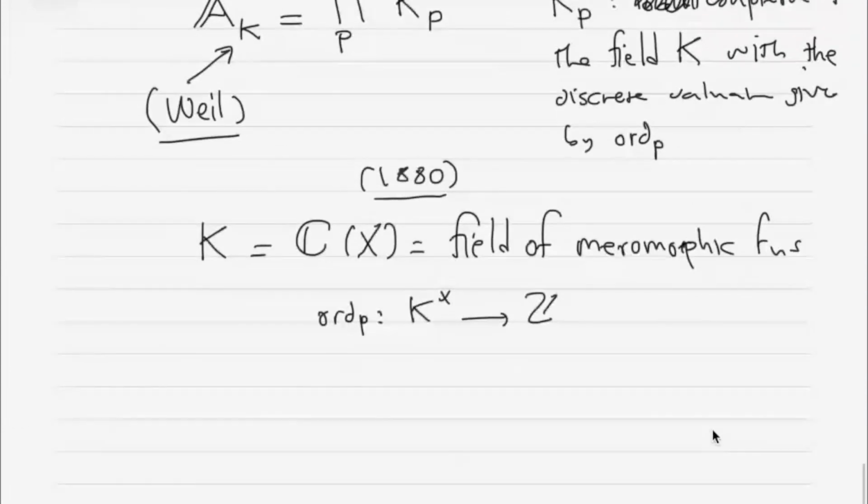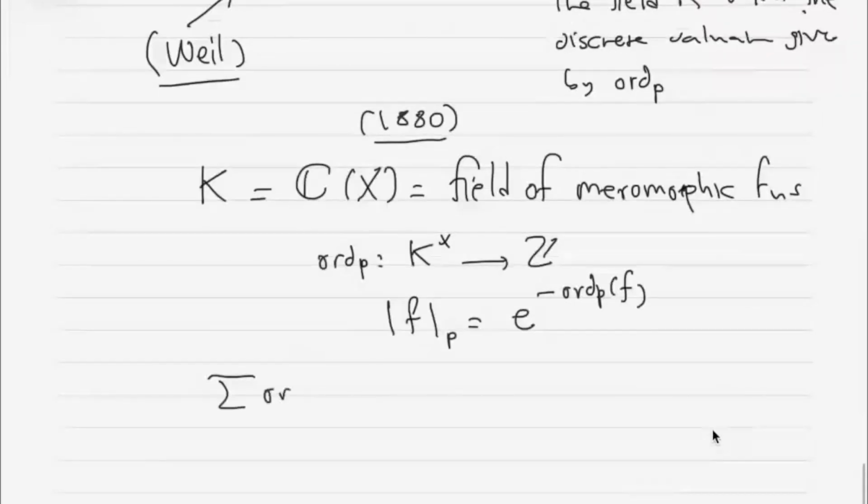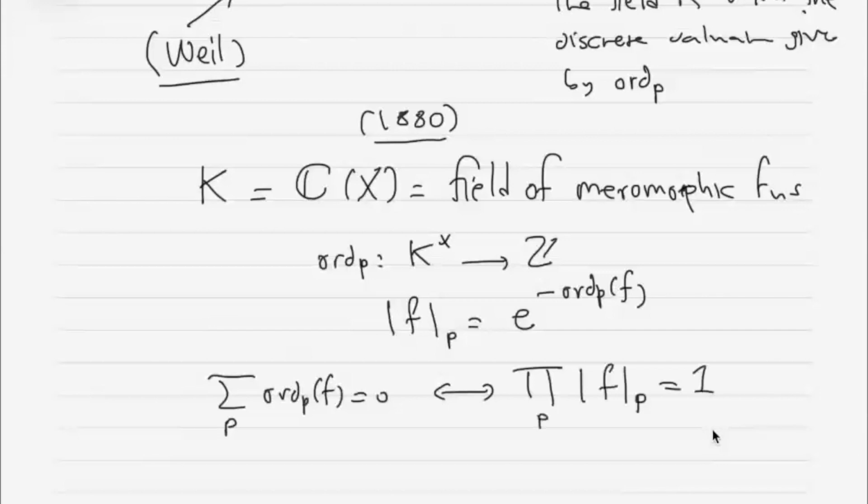And these discrete valuations were used to define a norm or a metric on K, where you define this to be like some number e to the minus v_P. Doesn't matter what number you use. Any number bigger than 1 will do. I use e. And the fact that the sum of v_P of f becomes 0 for all P translates into the fact that the product of these numbers is 1. And this is some sort of product formula.